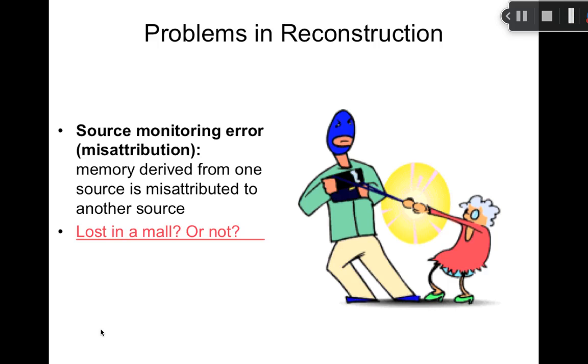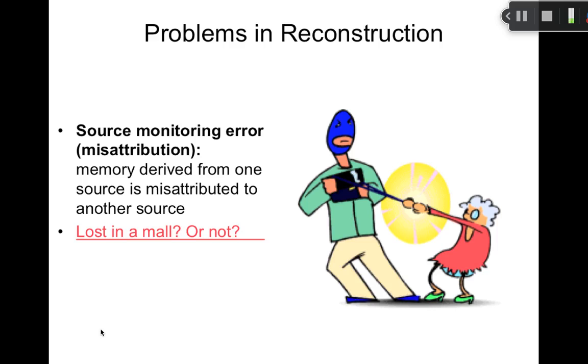Let's say a child recalls being abused by their uncle, and they're pretty clear that it was their uncle, but they're misattributing the source of the memory to that individual, whereas actually it was somebody else. So here you have somebody being implicated in an awful crime, based on source monitoring, or misattribution.